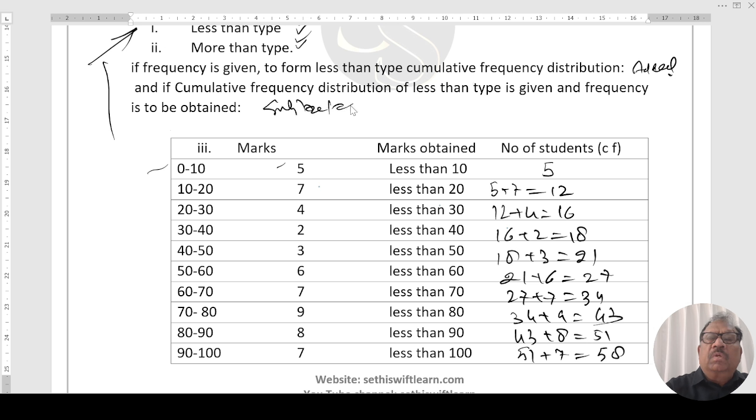This is the concept to form less than. If frequency is given, we find the cumulative frequency distribution of less than type. If the less than type cumulative frequency distribution is given, we can form the frequency also. Right? Next question.